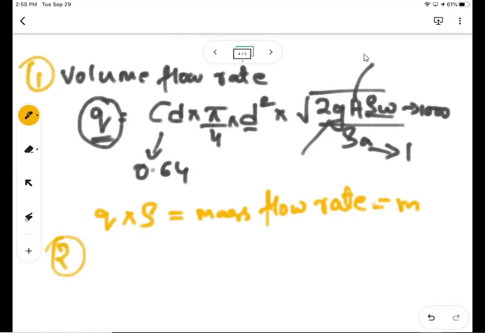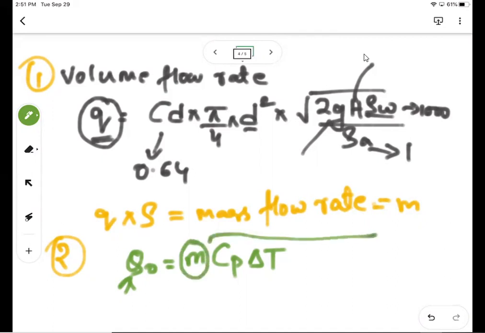The second part of the calculation is where we are going to use the relation Q equals m Cp delta T. This Q is the heat transferred from the heater to the air, the air that is flowing through the pipe. And this m here is the mass flow rate, Cp.